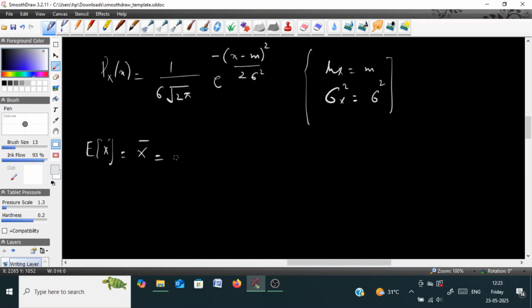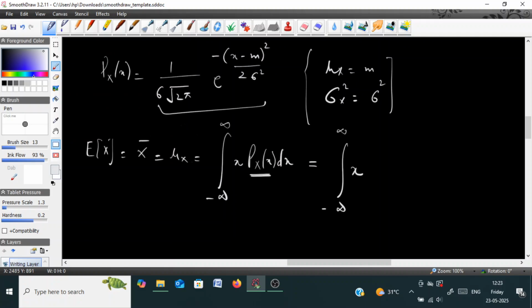Okay, so if you find the mean of this random variable x, or x bar or mu of x, whatever you write, it is integral of x into px of x dx. So I can write it as integral of x into px of x as this function. So 1 by sigma under root 2 pi you can take outside the integration, it is a constant.